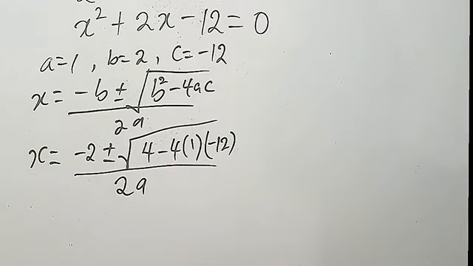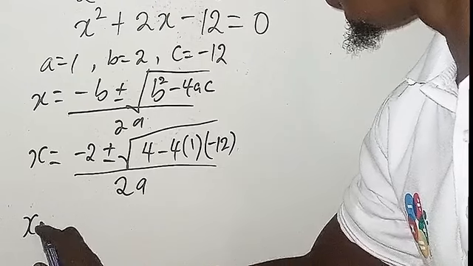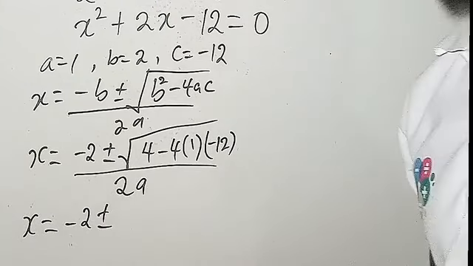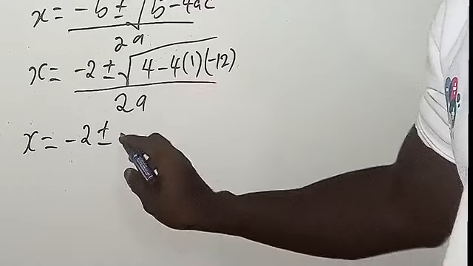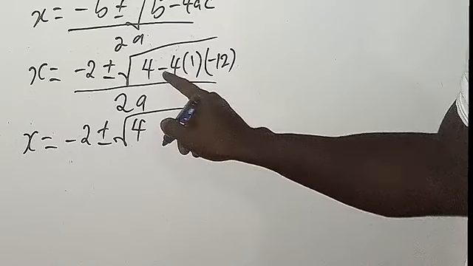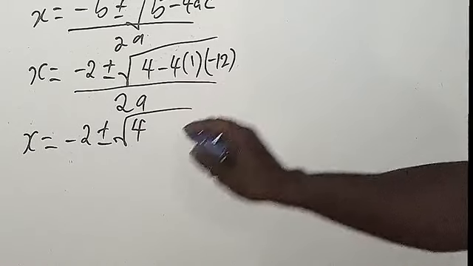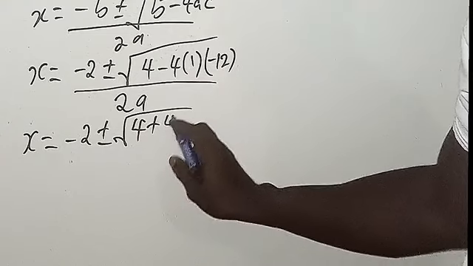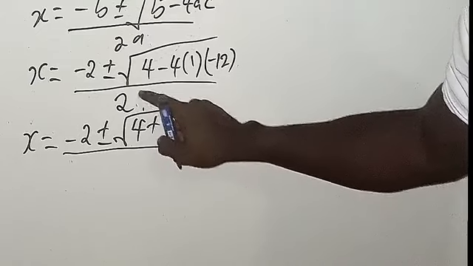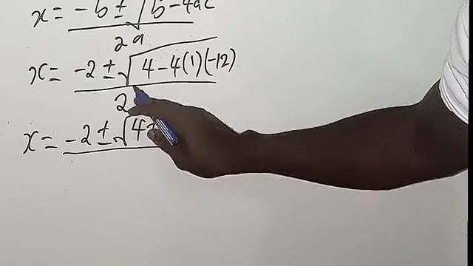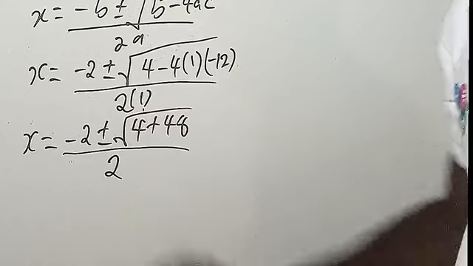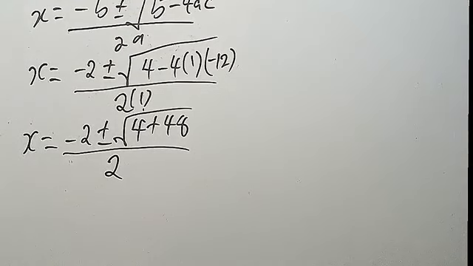Are you following? So from there we have x equals minus 2 plus or minus the square root of 4 minus 4 times 1 times minus 12, which gives plus 48, all over 2a. a is 1, so 2 times 1 is 2.